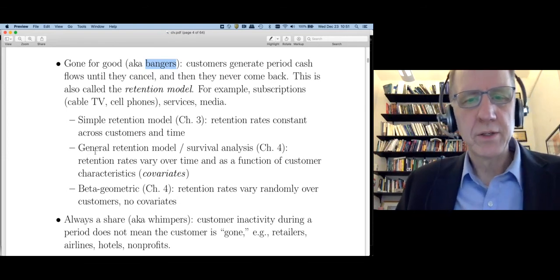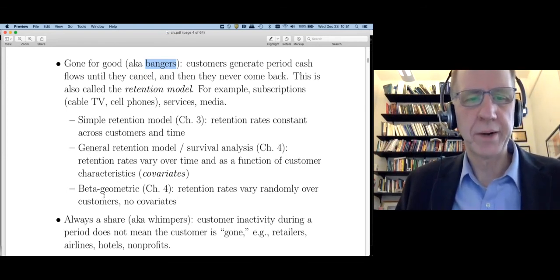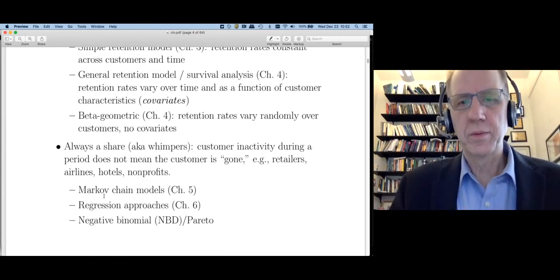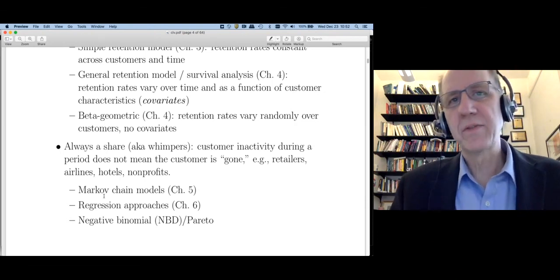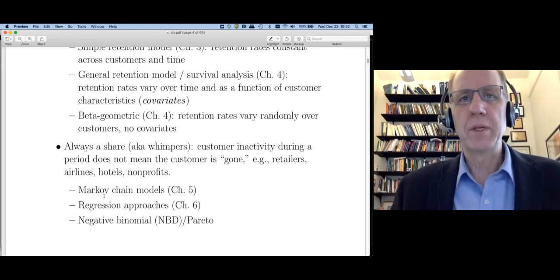There are some other models that we're not going to have time to cover in this, such as the beta geometric model. Always a share relationships have this property. Customer inactivity in some month doesn't mean the relationship is over. This is very common in, for example, retail or travel, hospitality.